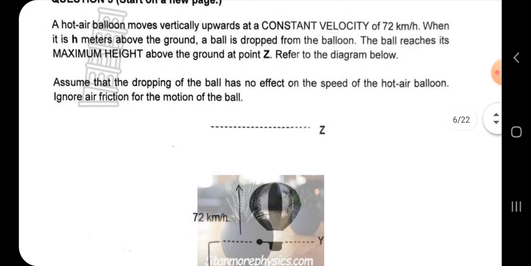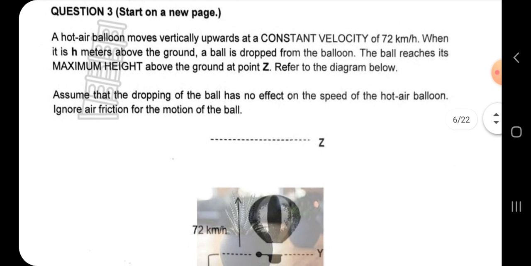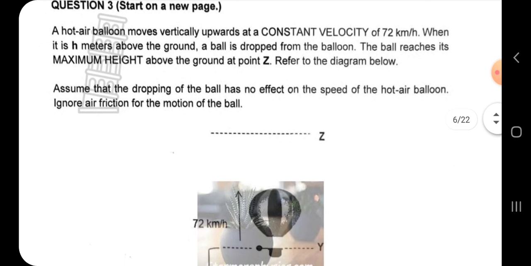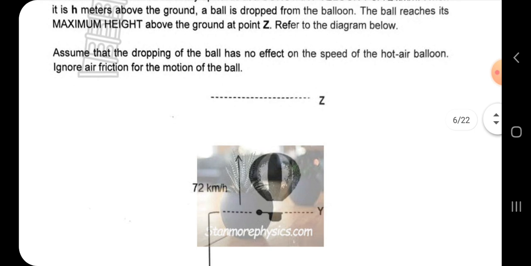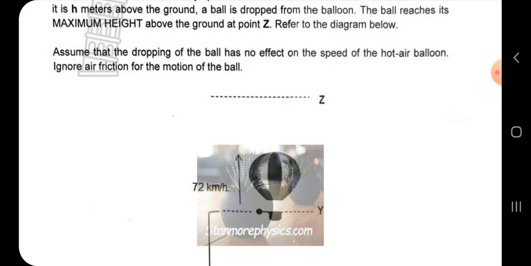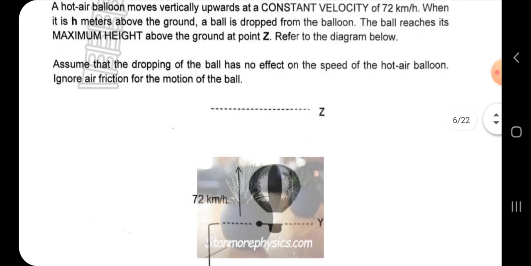Okay, so the hot air balloon is at h meters above the ground. A ball is dropped from the balloon. The ball reaches its maximum height above the ground at z. Refer to the diagram below. So at h, whoever is in the hot air balloon throws up the ball.